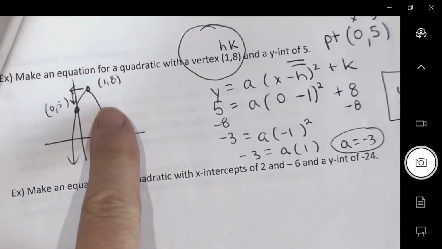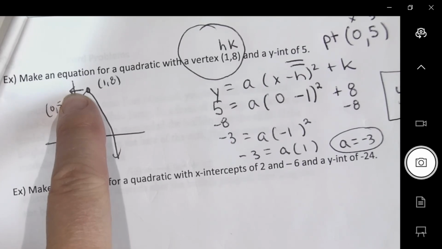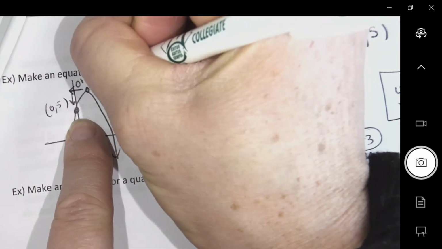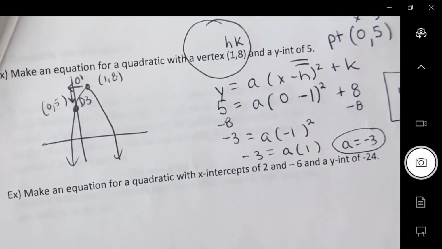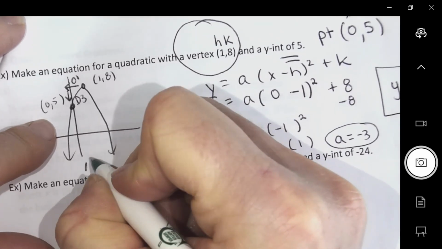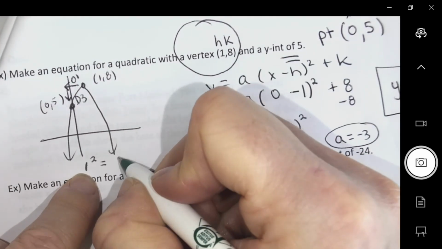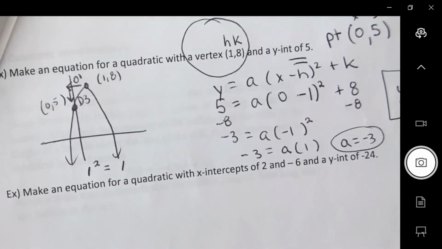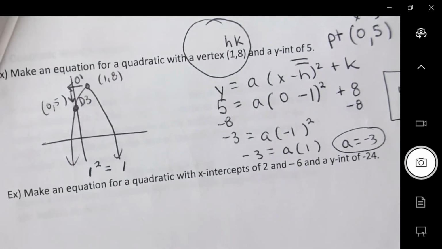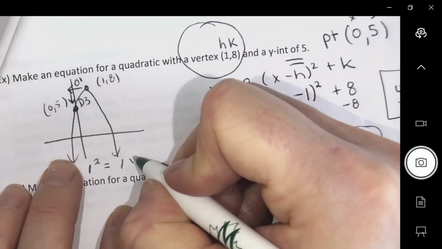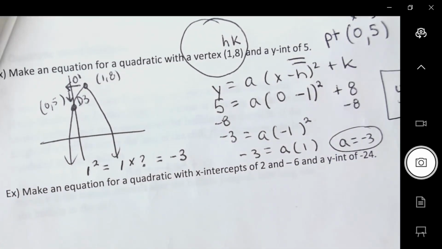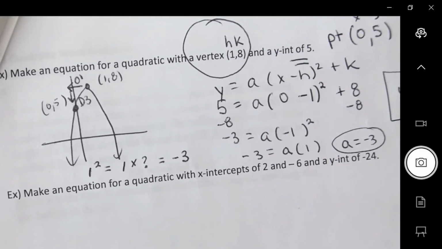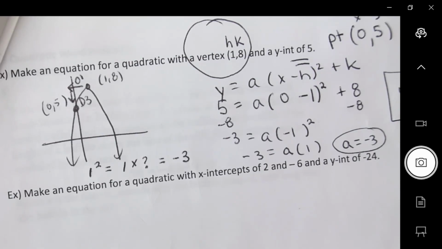I would have had to make a move over 1, and I would have had to go down 3. So if I ever do an x of 1, 1 squared is 1. What would I ever have to times it by to end up going down 3? So that is why I'm getting a slope of negative 3.